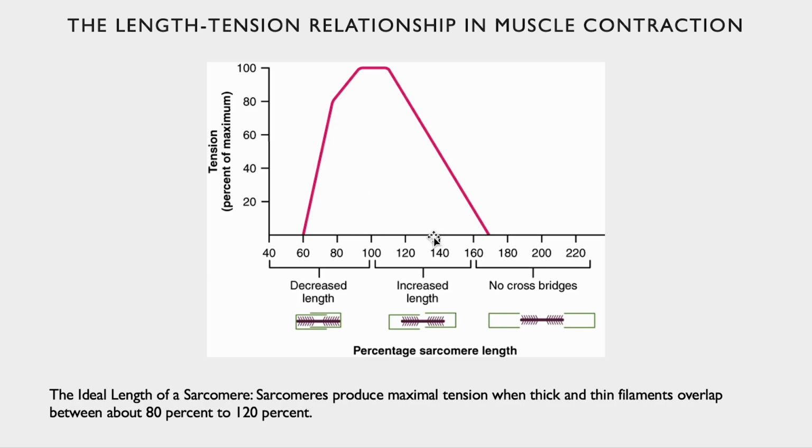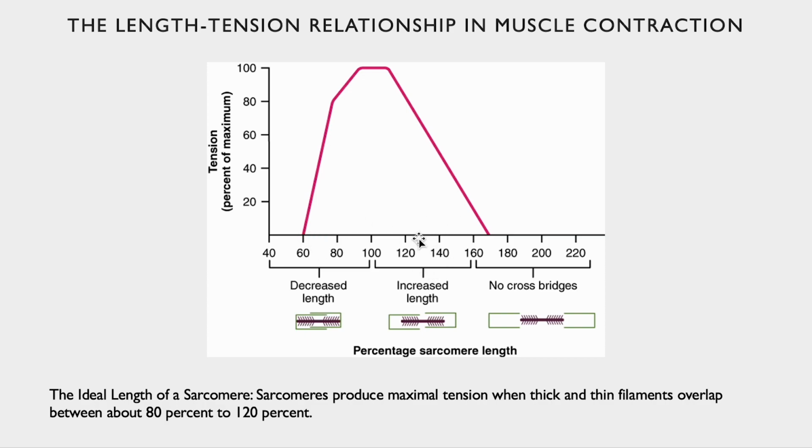Simply, if the actin and myosin are too close together, there is no room. If the sarcomere is shortened below 80%, there is a very reduced overlap. With extreme shortening, the thin filaments have nowhere to go, so there is no way that we can develop tension.